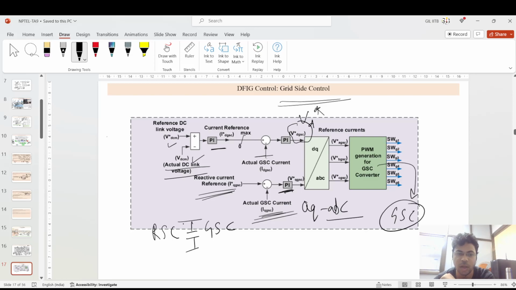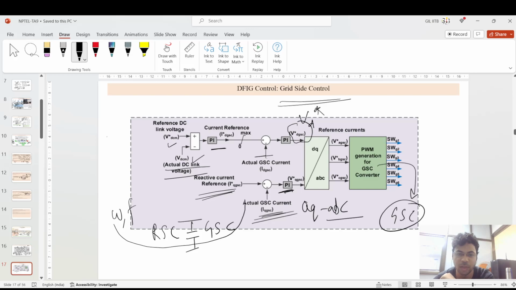So what is happening is that you have two converters, the rotor side converter and the grid side converter. In between you have a DC link voltage. When the generation is high, that is, the wind velocity is very high, you take the rotor speed as a reference and the frequency as a reference.